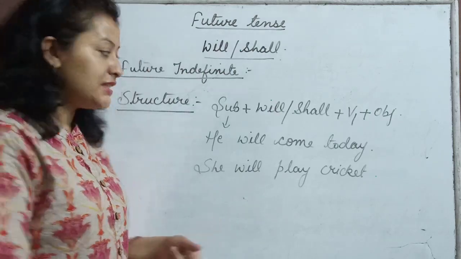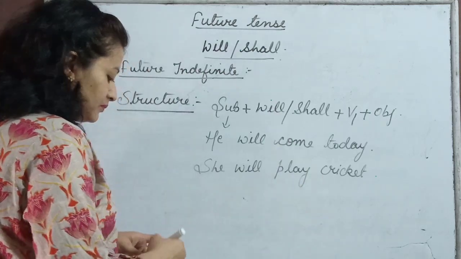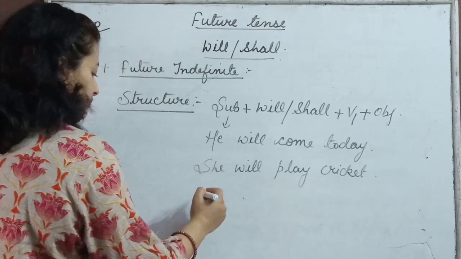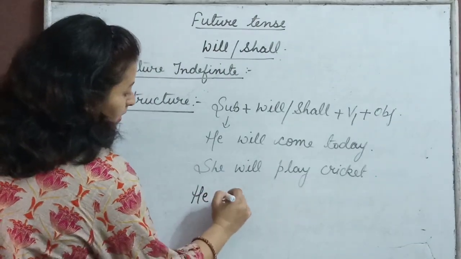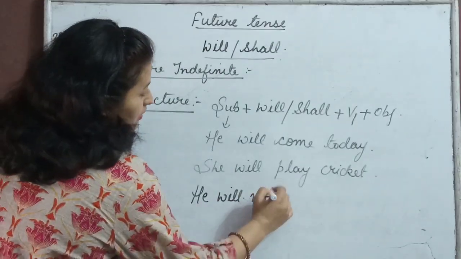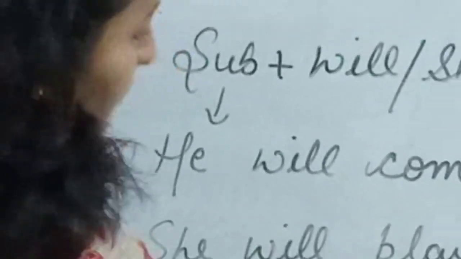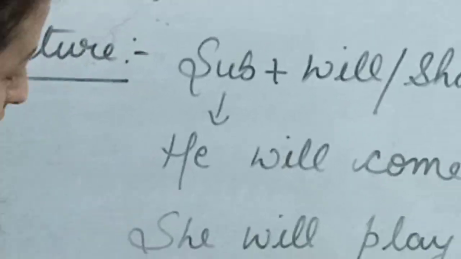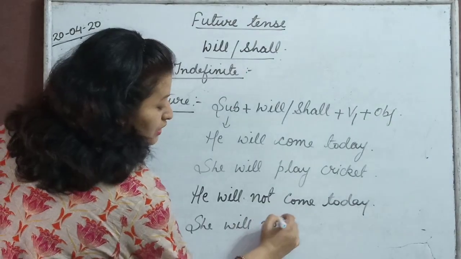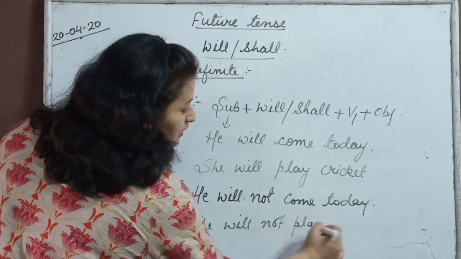How to make the negatives? Just see here. He will not come today. She will not play cricket.